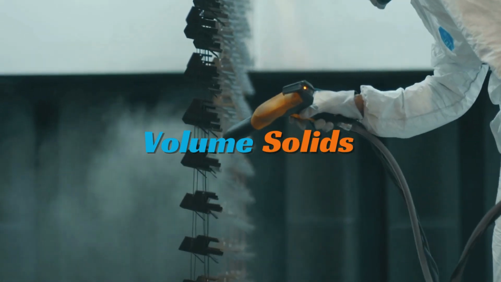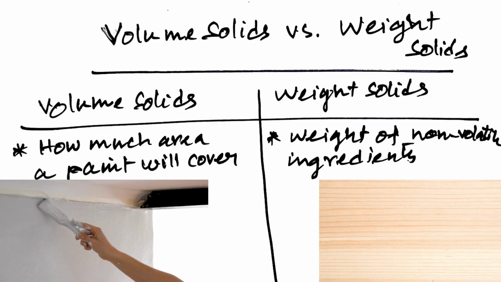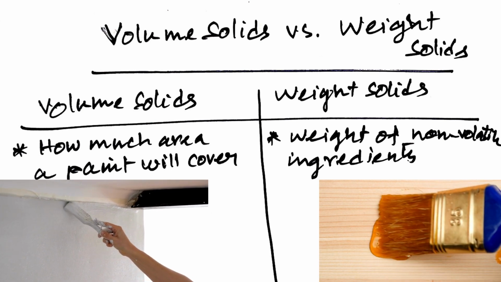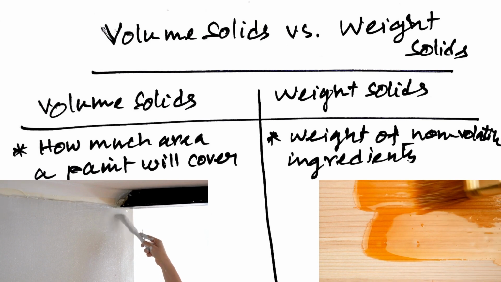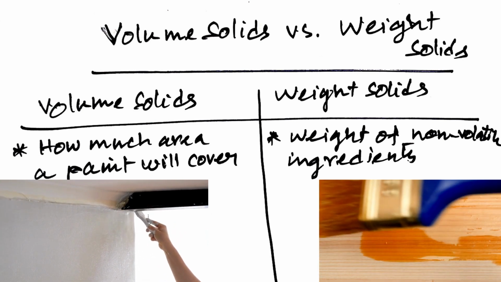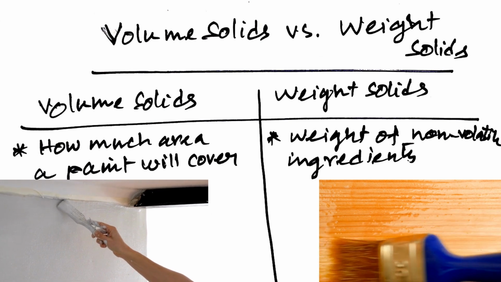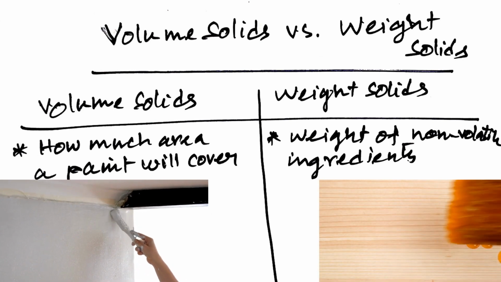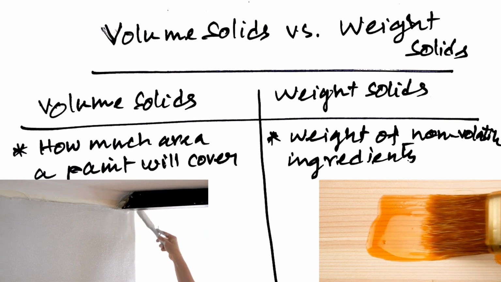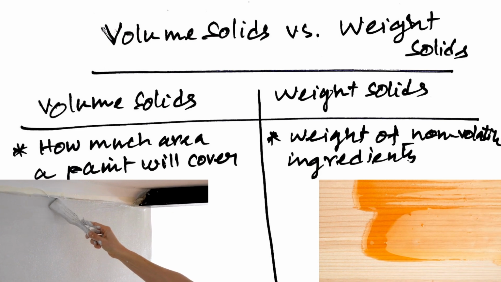In this session, I'll be explaining volume solids, because most people have some doubt about volume solids and weight solids. First of all, we should be able to find out the difference between them. In fact, volume solids is more useful to justify the true cost of paints, so it should not be confused with weight solids.